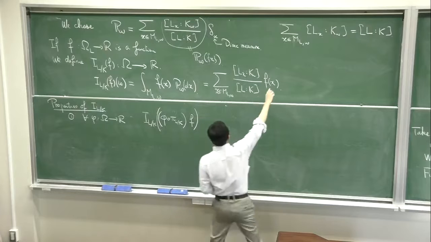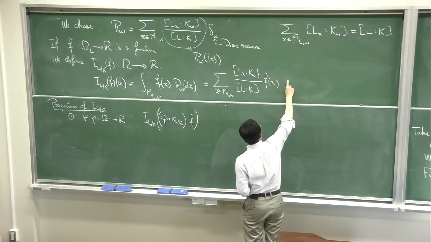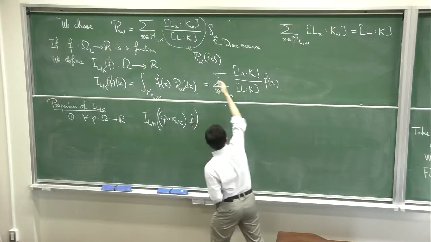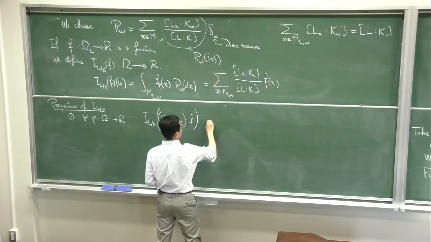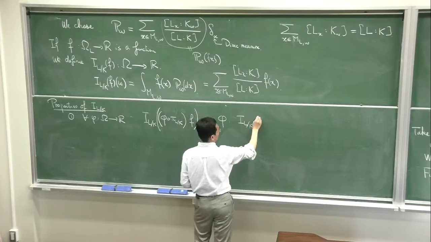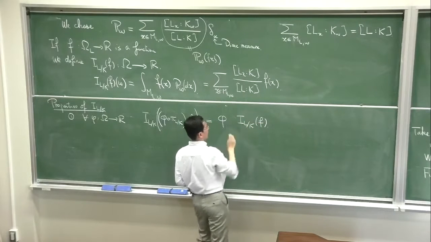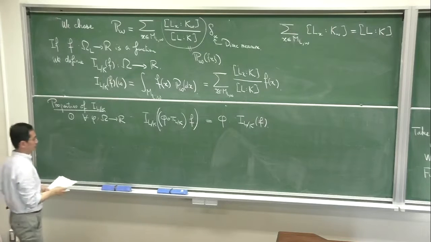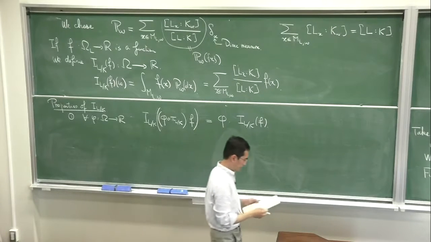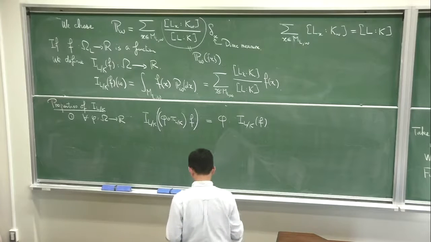In this formula you multiply by phi of omega, which does not depend on x, so you can put phi of omega outside. So finally you get phi times I_{L/K}(f).